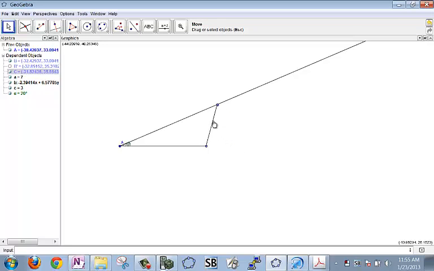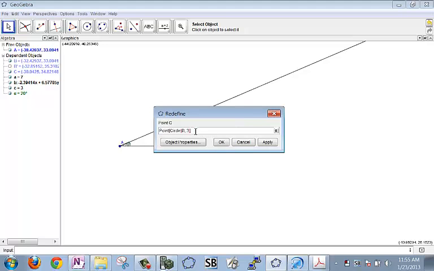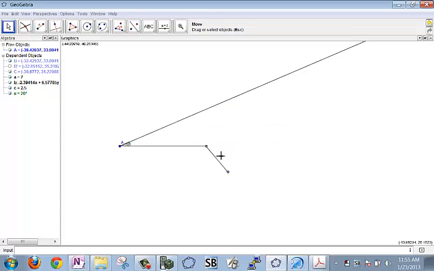Well, now that is long enough. There's a solution, and here's another one. So if the length was 3, there would be 2 solutions. Let's try 2.5. Here's a solution, and here's another one. 2 solutions.